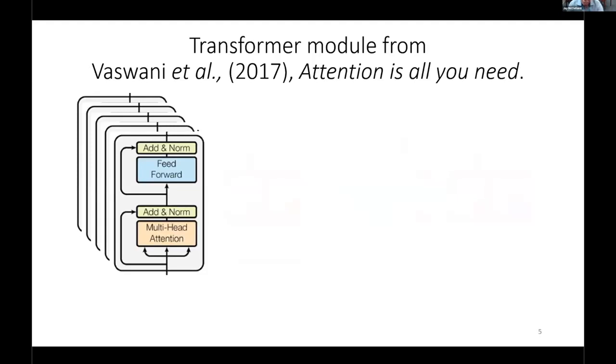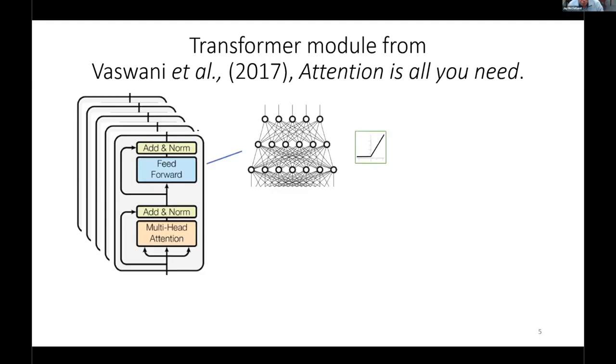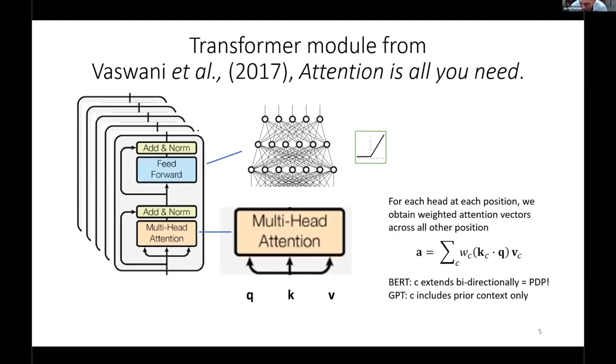So just to put us all on the same page with this, we have this architecture. It's actually a complicated neural network architecture in which we have many, many copies of this module that was first introduced in the Vaswani et al. paper. Each of these modules involves a standard feed-forward neural network and this multi-head attention.